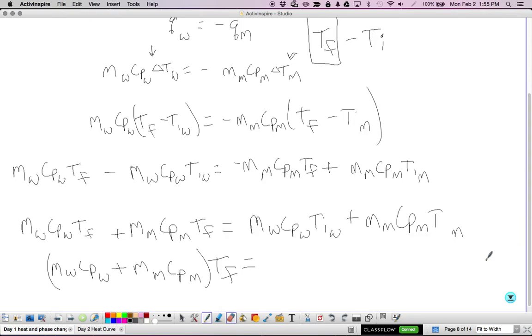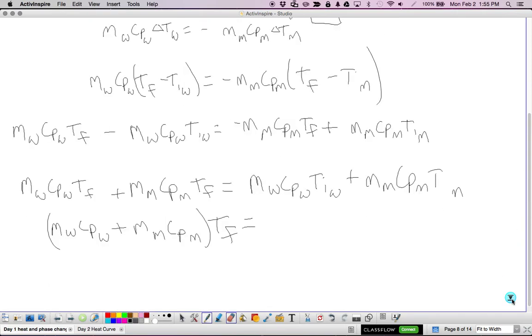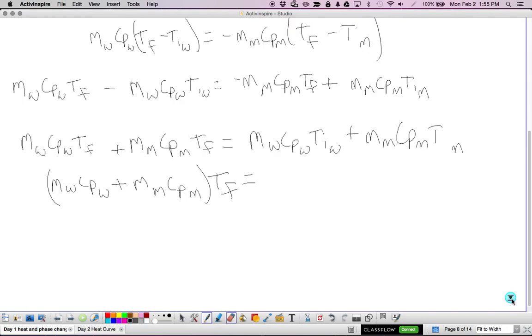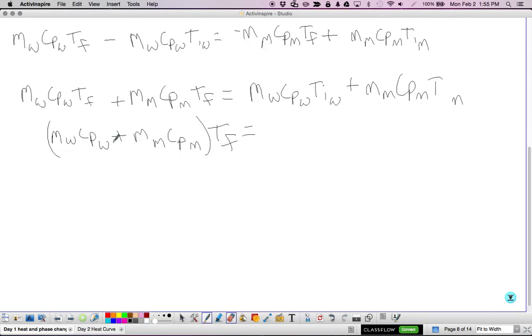Now I can divide both sides by mass of water, C_P water, plus mass of metal, C_P metal.